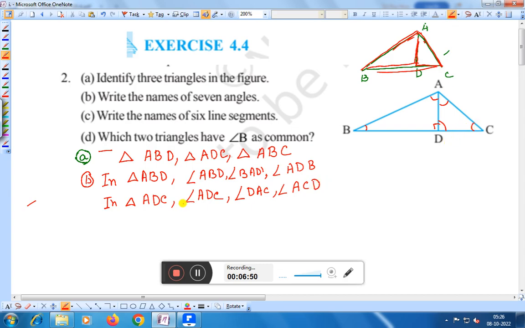Okay, that means in two triangles we are getting six angles: angle ABD, angle BAD, angle ADB, angle ADC, angle DAC, and angle ACD.